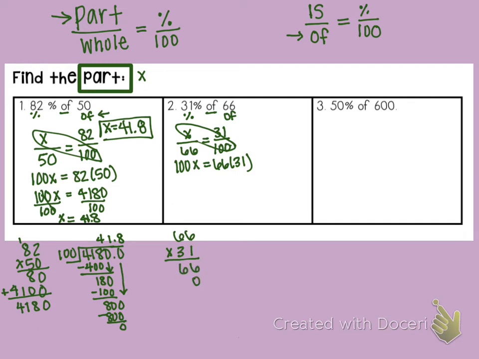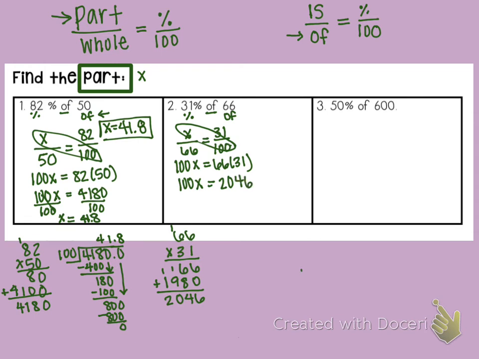We have a 0. 3 times 6 is 18. And then 3 times 6 is 18 plus 1 is 19. 6 plus 0 is 6. 6 plus 8 is 14. 9 plus 1 is 10. And 1 plus 1 is 2. So we have 100x equals 2046.